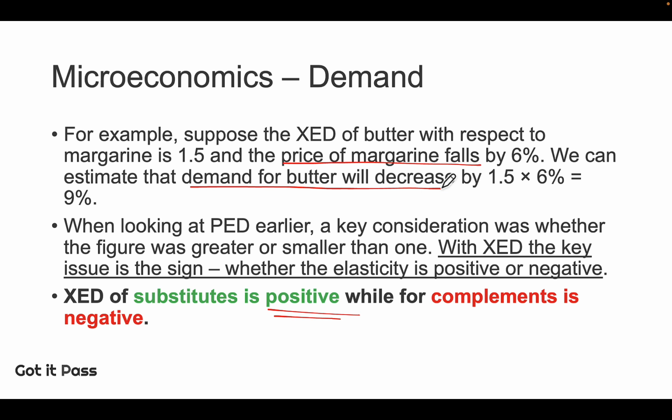For complements like cars and tires, when the price of a car increases, the demand for tires will decrease because they are complements. The car cannot work without the tires, for example. So the relationship between cars and tires is complementary, and the cross elasticity of demand is negative.